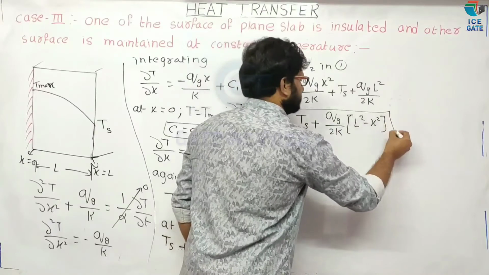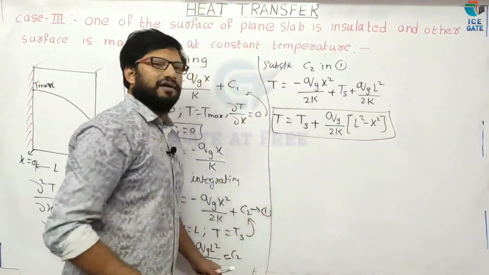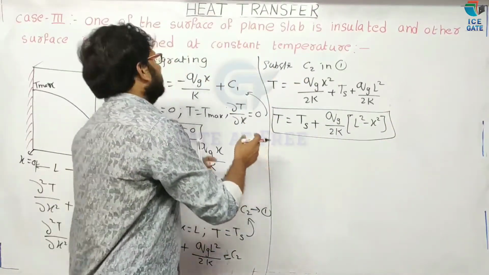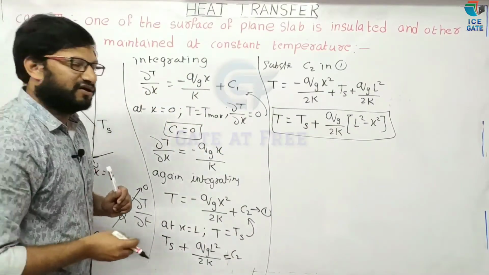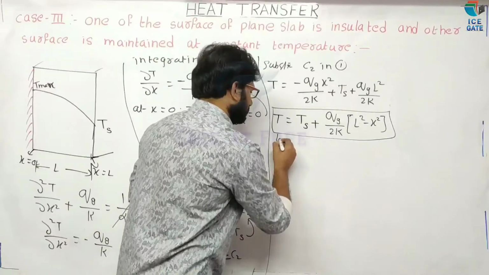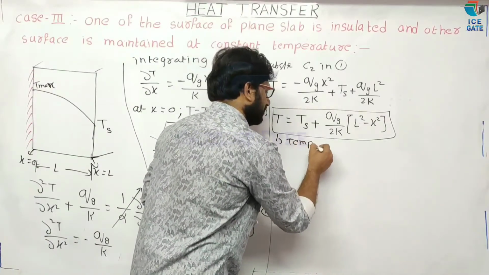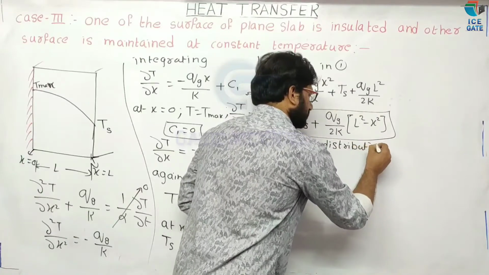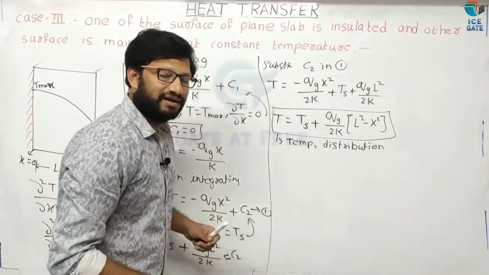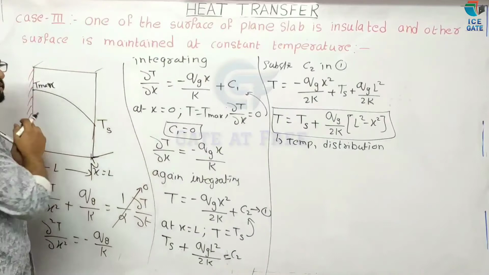Now this is the temperature distribution function in the third case, where one of the surfaces of the plain slab is insulated. Okay. Now, how to find the maximum temperature?